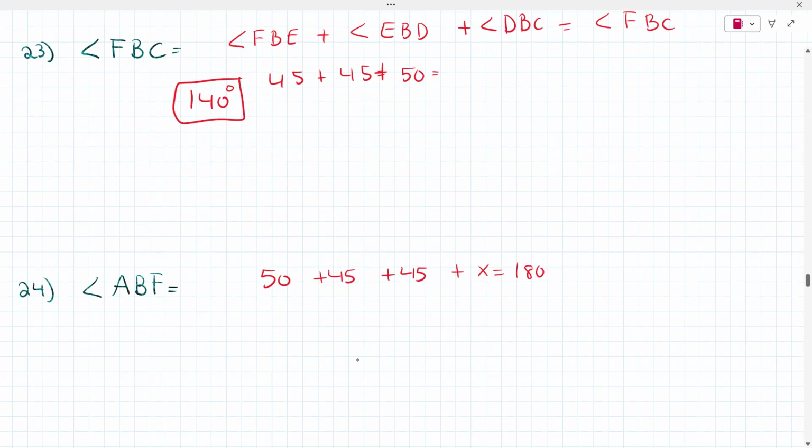So 50 plus 45 plus 45 is 140, plus X equals 180. Subtract 140, which is 40 degrees.